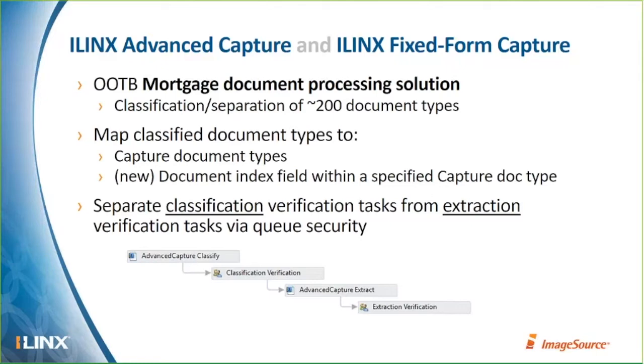So what we allow you to do is to create a single document type and map that classification value into an index field. So you could create something called document type, and then the value that comes back from the classification is simply pushed into that. So I have one document type, but yet by looking at the document, I know exactly how it was classified.